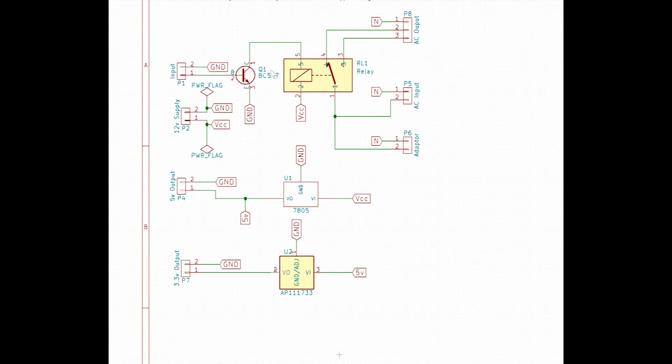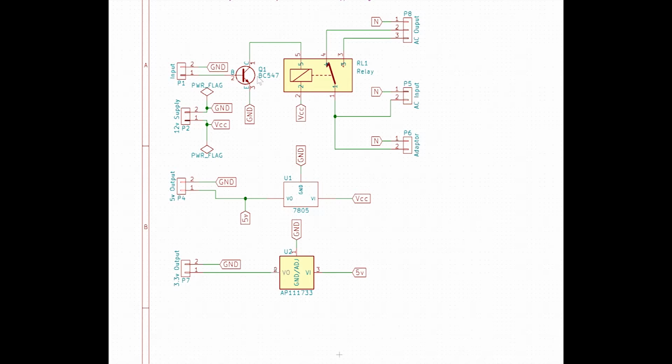So by default, when the relay is not triggered, the AC input, which is this to the pin 1, would get connected to this, the middle pin of the AC output, which means that if my input is 0, anything which is connected between pin 1 and pin 2 would be switched on, and anything connected between pin 1 and pin 3 would be switched off.